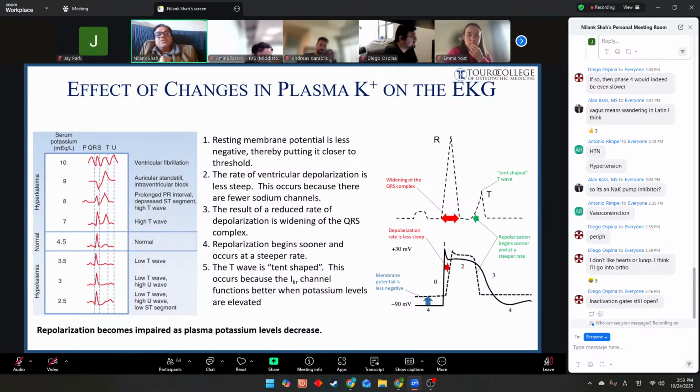Why is repolarization quicker? Why is phase 3 quicker, happening very steeply? It's steeper and quicker. Why? What's the molecular mechanism? The channel activity. Why will it be quicker and steeper?